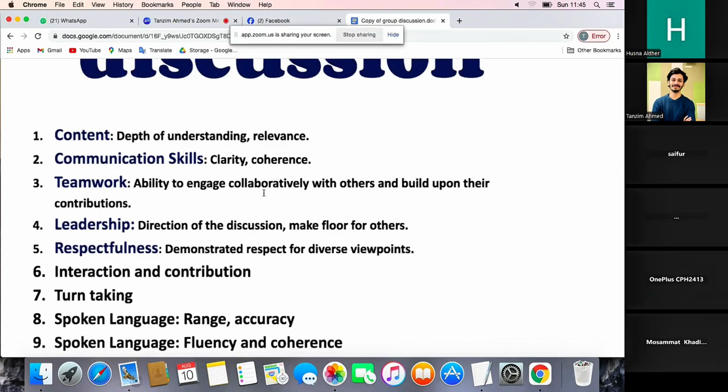They will also look for a couple of interesting things. First up, content, for example, the discussion topic. If the topic is something related to sustainability, how much do you know about sustainability?